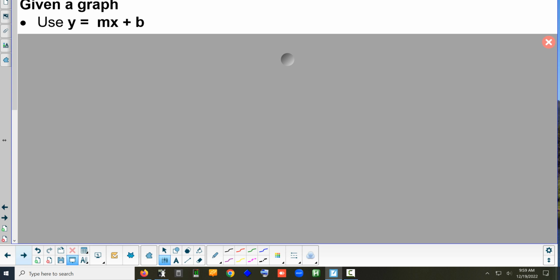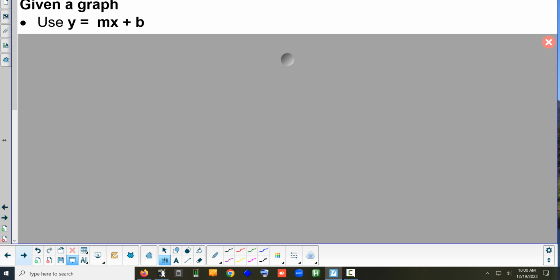The next bullet says identify where the line crosses the y-axis. Joe, can you remind me, what is that? M. Well, not m, that's your slope. B. B. And what do we call that again?